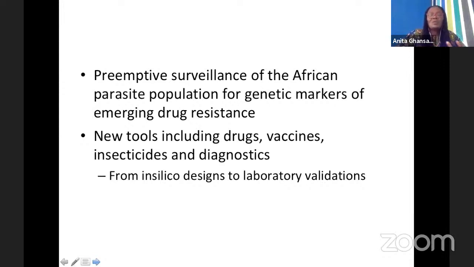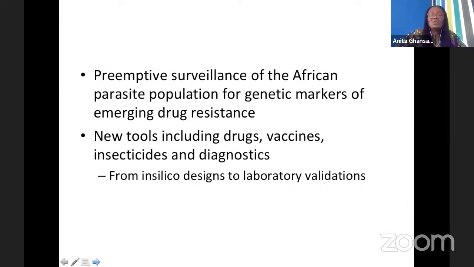So it's important to look at what is linked to drug resistance in the greater Mekong region. I'm talking about the K13 gene here. There are new variants in K13 that may give us a different pattern of resistance. And of course, we know that the K13 gene alone may not be the only gene responsible for artemisinin resistance. So there is a need to look for other markers of drug resistance.